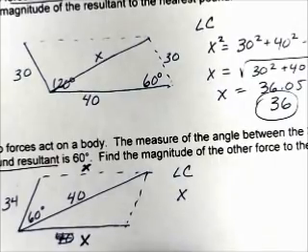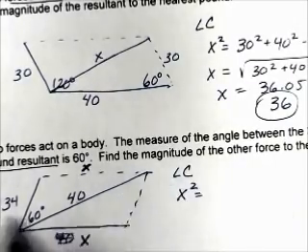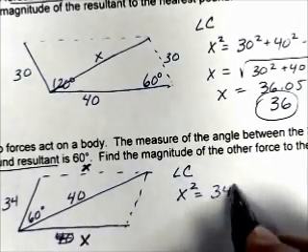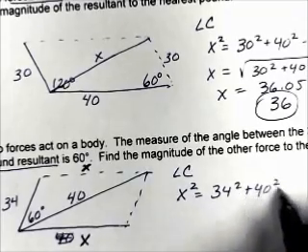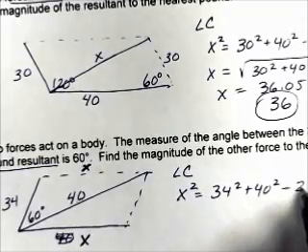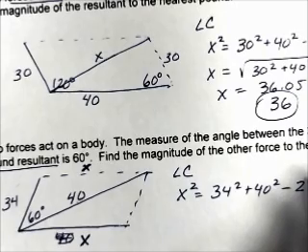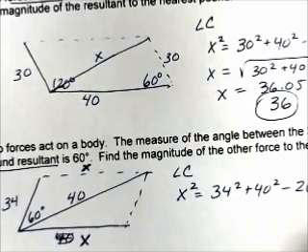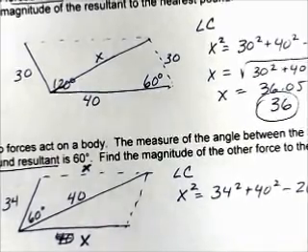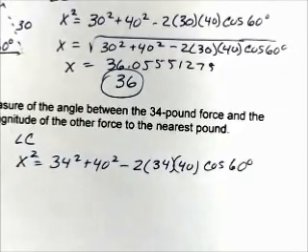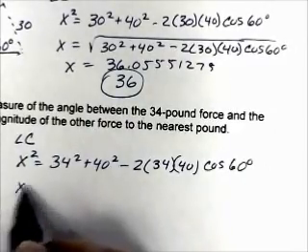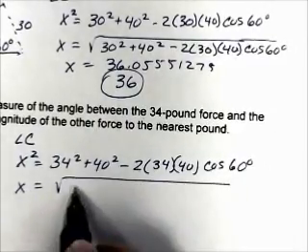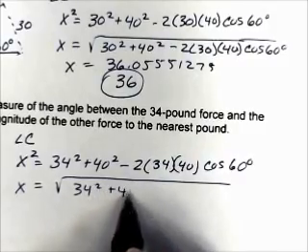So x squared is equal to the sum of the squares of the other two sides minus twice the product times the cosine of our angle. So x equals the square root of this whole thing.